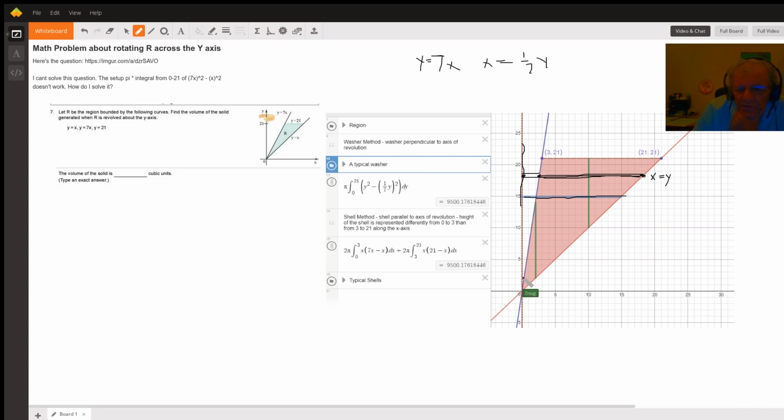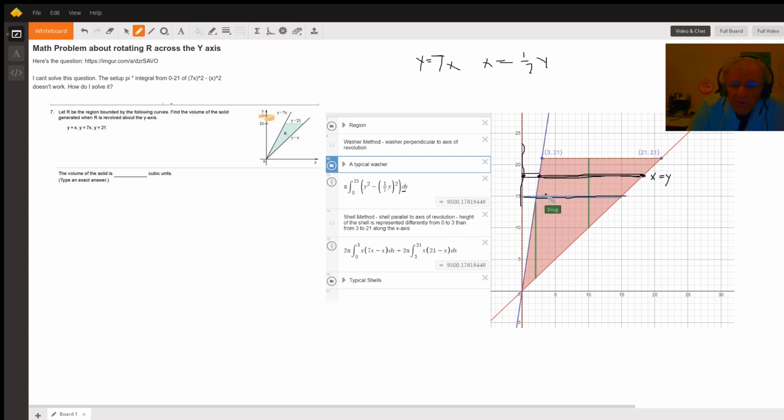I'm integrating from 0 to 21 along the y-axis. The outer radius is y, and the inner radius is 1/7 y, the quantity squared. And I'm integrating with respect to y, so dy.